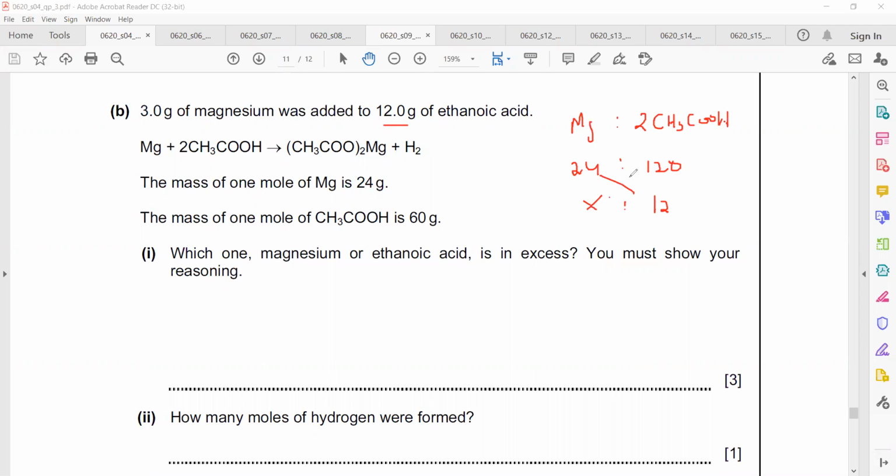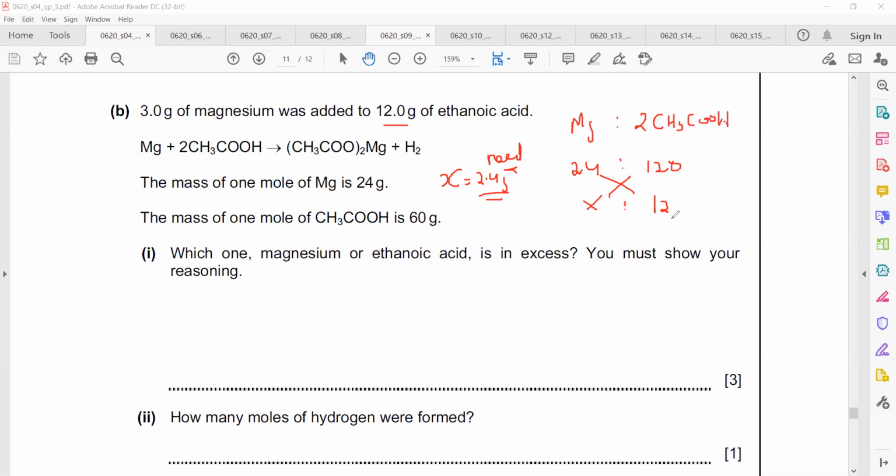X: cross multiply, 12 into 24 divided by 120. What's the answer? 12 into 24 divided by 120, so 2.4. So what does it mean? It means 2.4 grams of magnesium we need for a complete reaction.